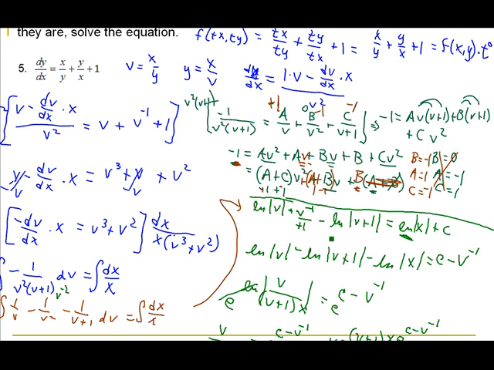If I replace the v with x over y, I'm going to get x over y equals x over y plus 1 times x e to the c minus, and this will be x over y to the negative first, which will be y over x.